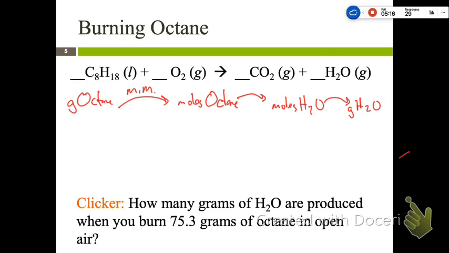What ratio, Sarah? So it's a 2 to 18 ratio, molar ratio from the stoichiometric coefficients. And then the last one, how do we go from the moles of water to the grams of water?